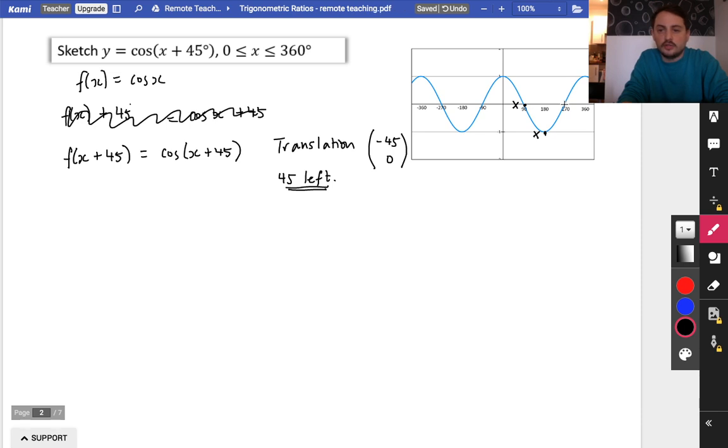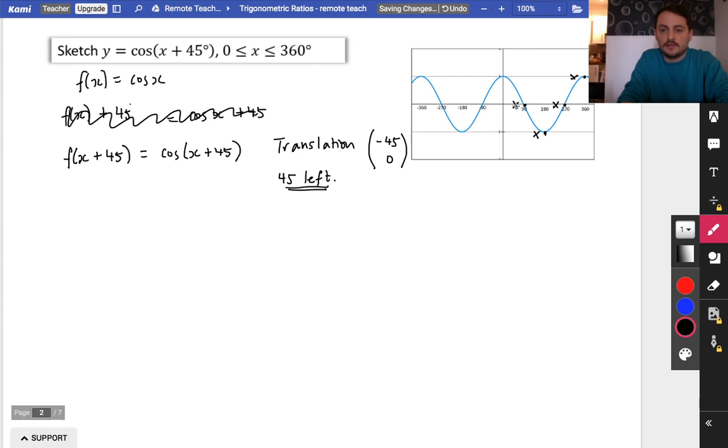And it crosses at 270 here. So our one is going to cross at 45 back from that, which is 225. The peak here is at 360, so that is going to be going at the peak 45 back, which is actually going to be at 315.